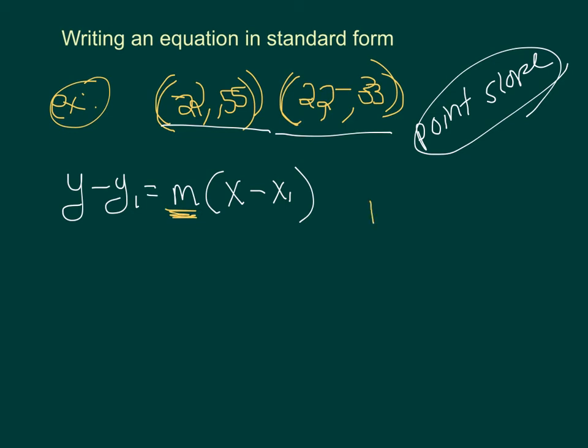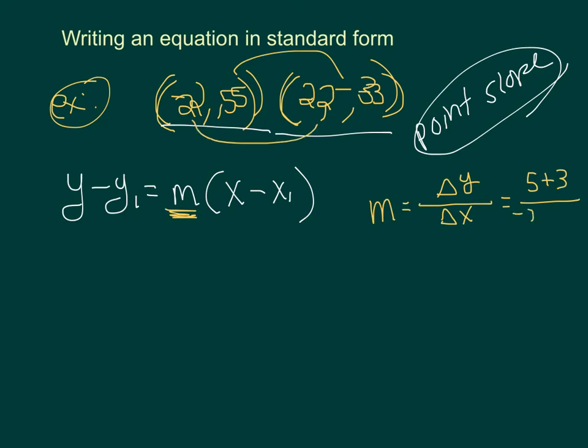So over here I'm going to find slope. Slope is the change in y over the change in x. So it's going to be 5 minus negative 3, which I'm just going to do 5 plus 3, and then negative 2 minus 2. So that just simplifies to be 8 over negative 4, which is just negative 2.